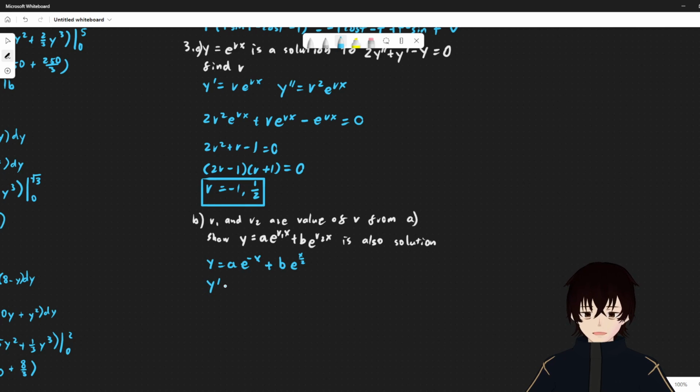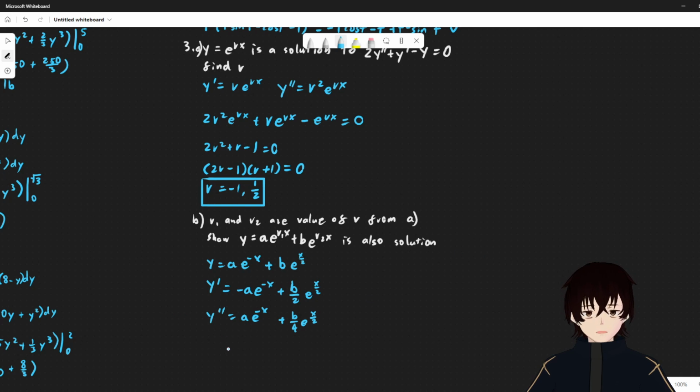That means y prime is going to be -a e to the power of -x plus b over 2 times e to the power of x over 2. And y double prime is going to be a times e to the power of -x plus b, am I doing this right? Plus b over 4 e to the power of x over 2.